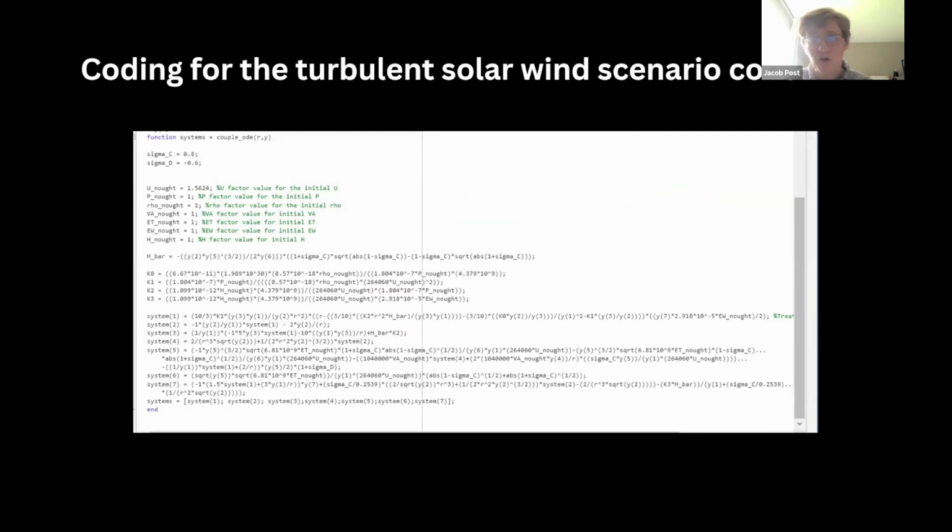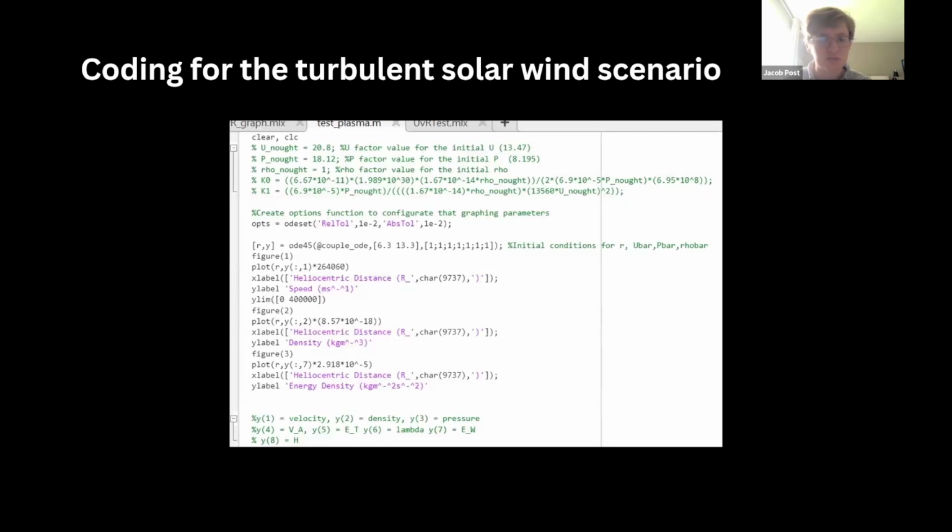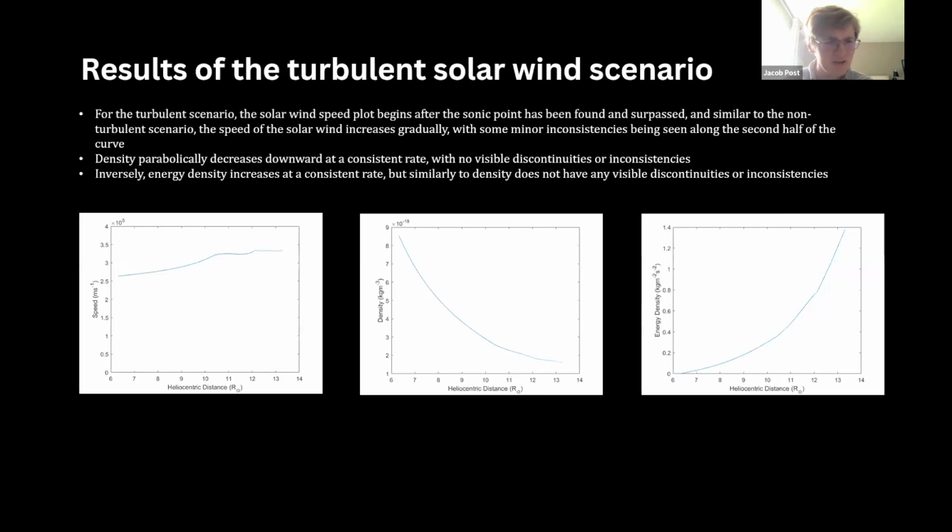This function will solve those systems of equations, and it will create graphs that show how different values change in relation to the heliocentric distance that is covered. And so here are the results of that program.